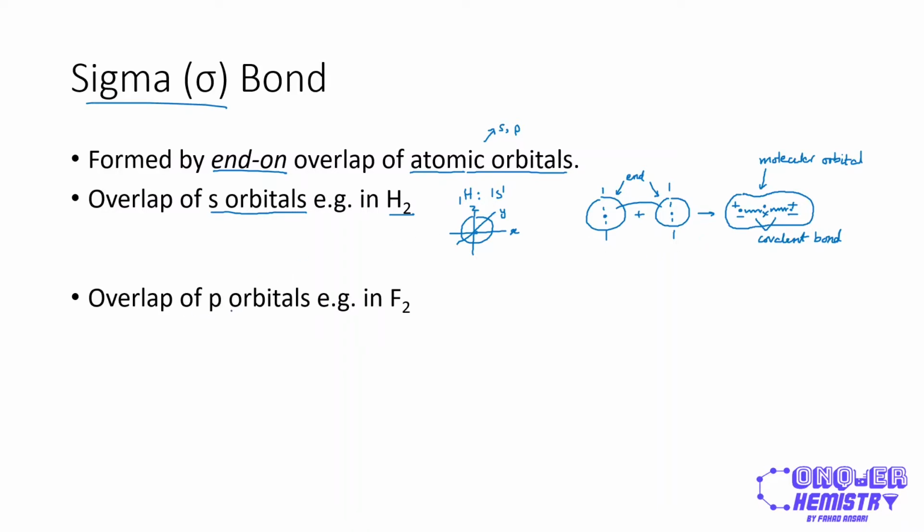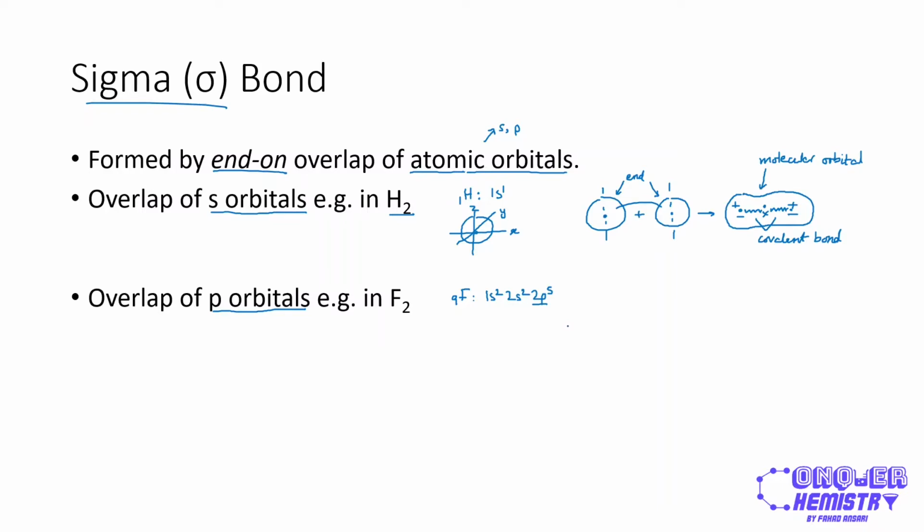The second case is the overlap of p orbitals in fluorine. In fluorine gas, fluorine has a proton number of 9, so its electronic configuration is 1s2, 2s2, 2p5. In this 2p subshell, two of the p orbitals are complete and one of them only has one electron.